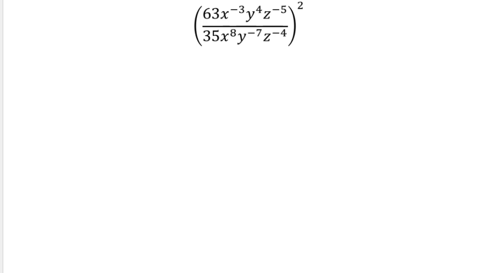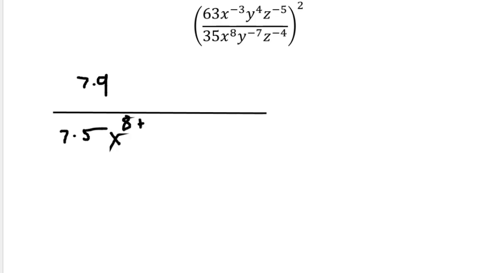Now let's try this one last problem. What we got here, we have a big fraction. So 63, we can break it down into 7 times 9, and we can put a line. And 35, we can just break it down into 7 times 5. So x raised to the negative 3, we can move it into the denominator. So that's going to be 8 plus 3.